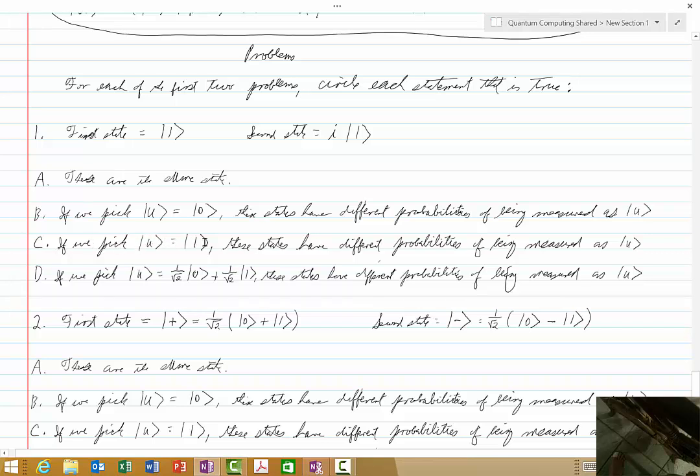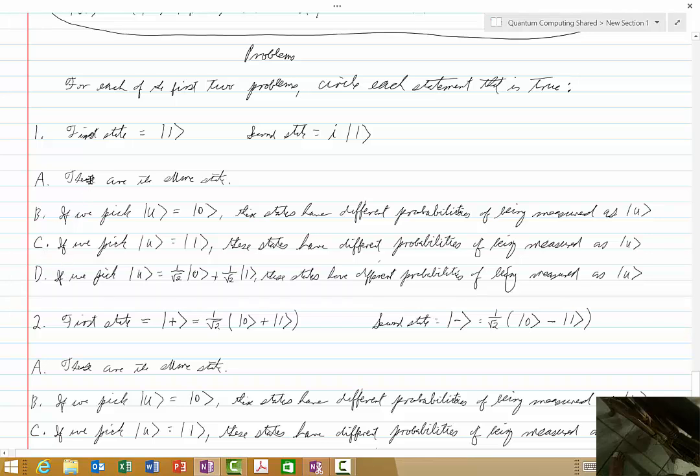If we pick U to be the 1 ket, then these two states have different probabilities of being measured as U. And if we pick U to be 1 over square root of 2 times a 0 ket plus 1 over square root of 2 times a 1 ket, these states have different probabilities of being measured as U.